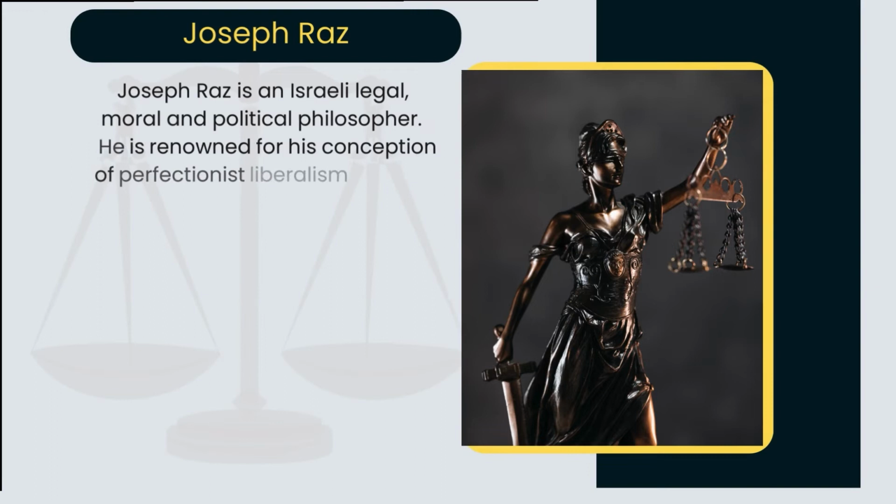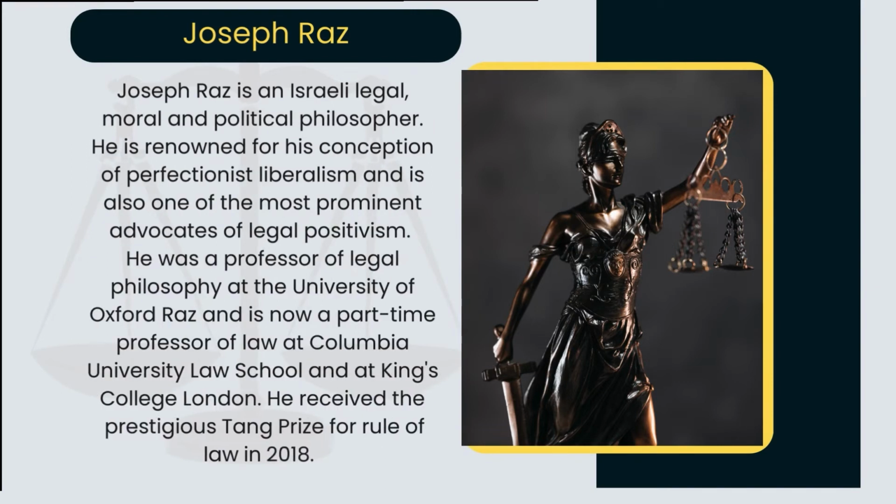Joseph Raz is an Israeli legal, moral and political philosopher. He is renowned for his conception of perfectionist liberalism and is also one of the most prominent advocates of legal positivism.